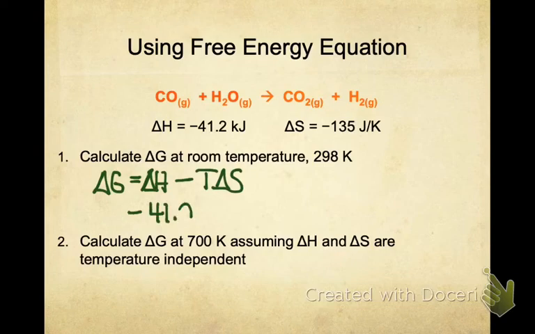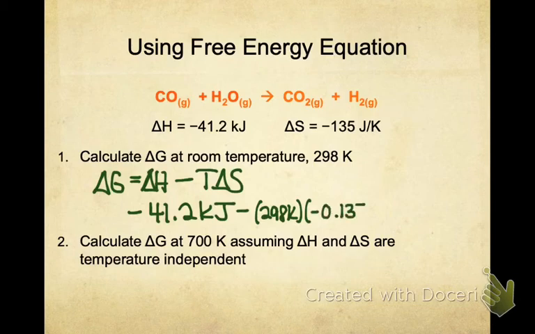Negative 41.2 kilojoules minus the temperature, we see, is 298 K, times my delta S value, which is negative 0.135 kilojoules per Kelvin.